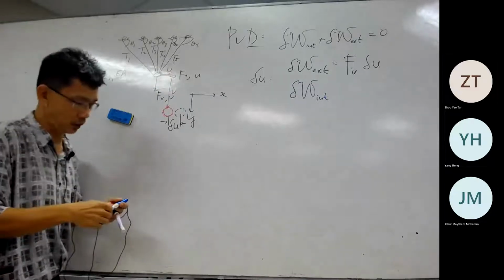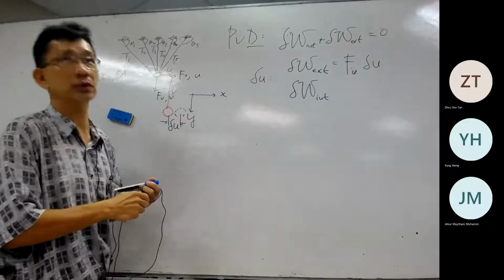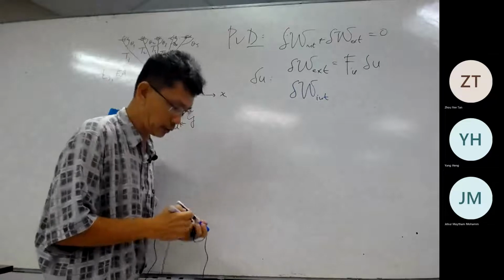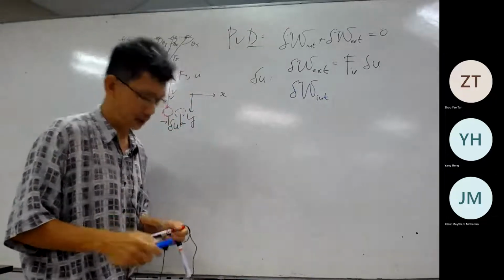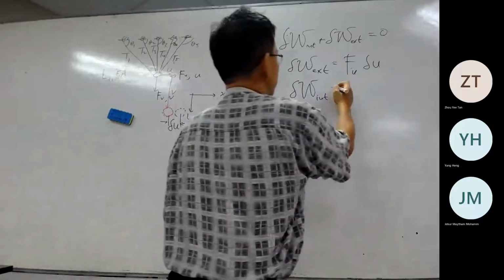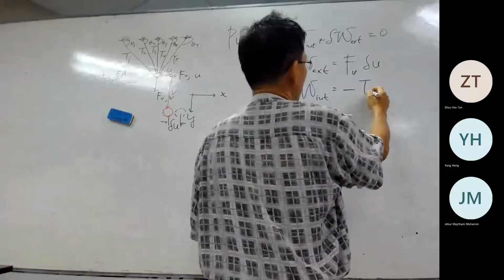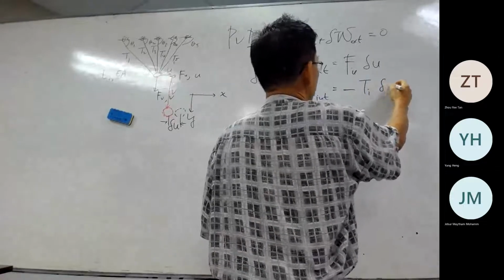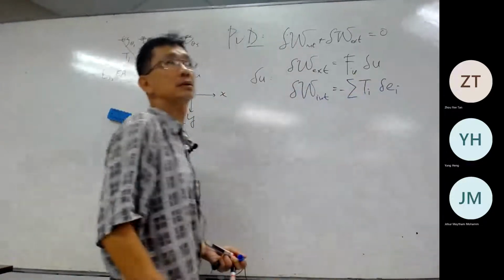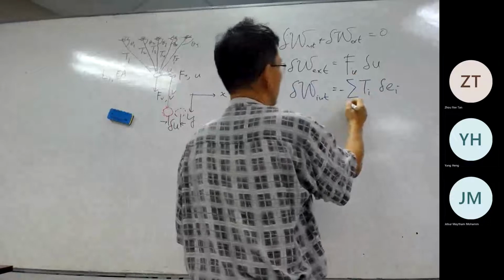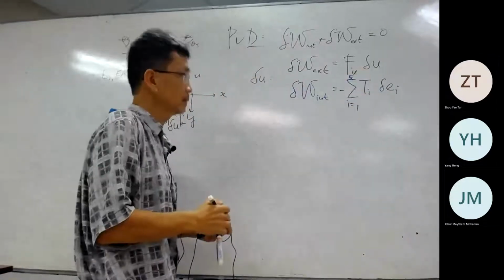And by definition of the work done by internal force, the work done by the internal force is equal to negative T i delta e i. And this one, you must do the summation, i is equal to 1 until 5, since there are five members.